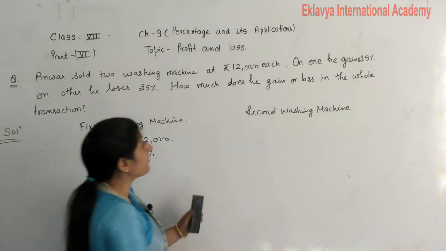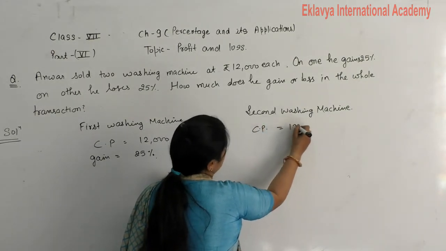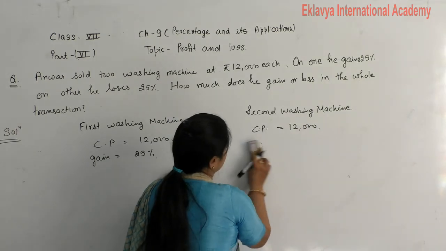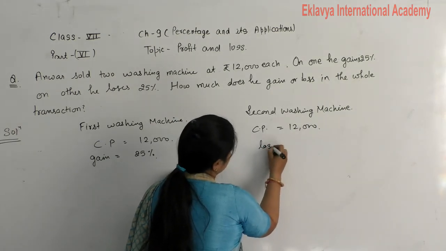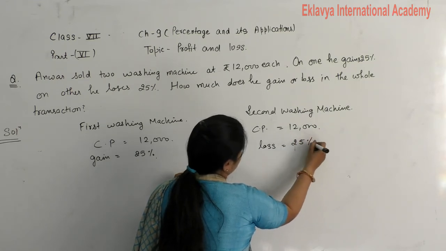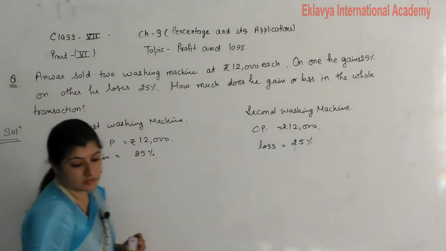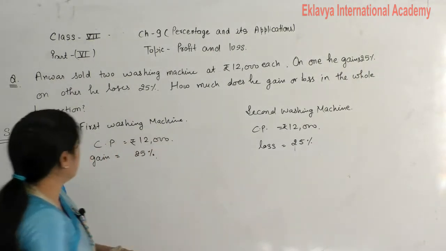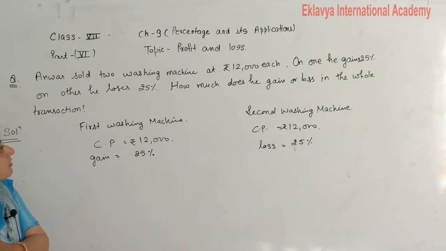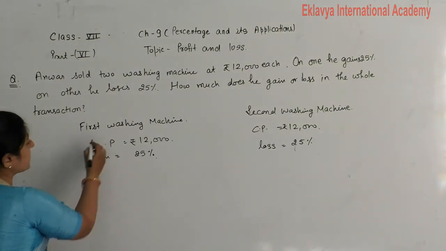And for the second washing machine, cost price same 12,000 and loss also 25%. Then how to find out the... wait, this is not CP, this is SP.